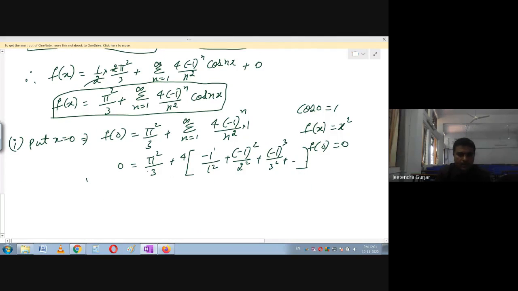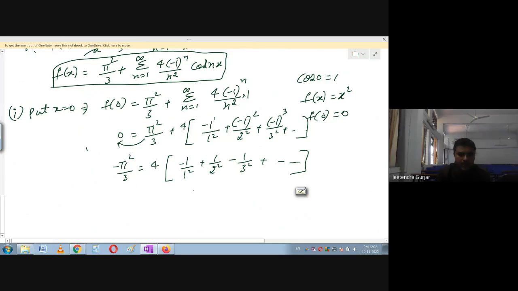So what I will do here again, on this side π²/3 is going to get minus π²/3, which is equal to 4 times the series. Is it clear? Further simplifying, you get minus 1/1², then plus 1/2², and minus 1/3², and so on, students.